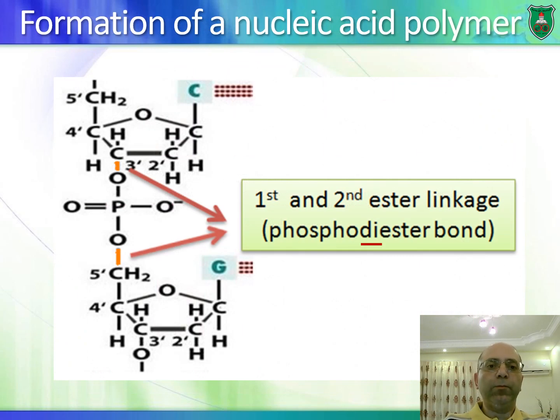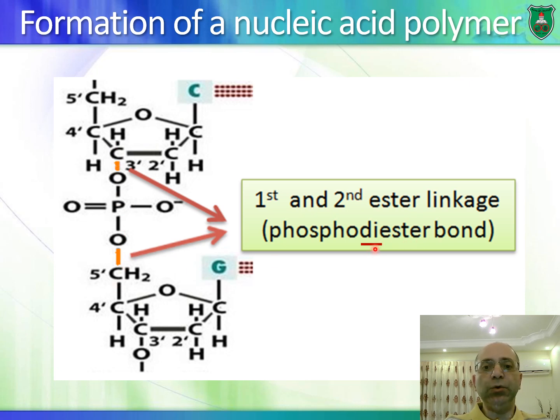Now, to make up DNA and RNA molecules, you have to link the nucleotides to each other. And these nucleotides are linked to each other via a bond known as a phosphodiester bond. So right here, this is known as the phosphodiester bond.